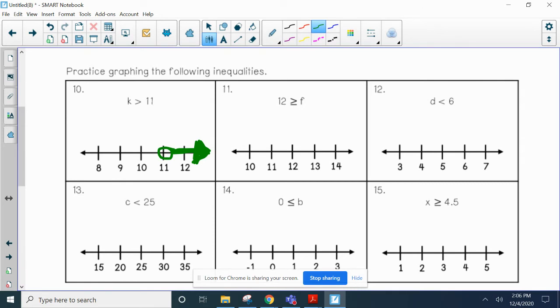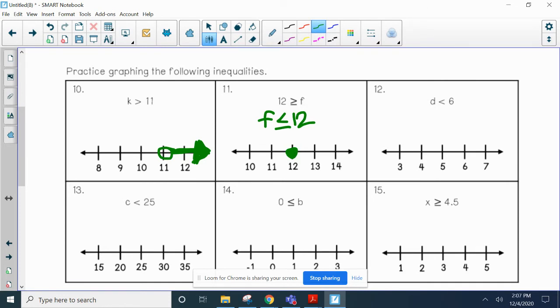All right, so we have 12 is greater than F. And like we were writing before, if we read it backwards, F is less than or equal to 12. So all I did was flip it. So we're going to do 12. Is it a shaded or an open circle? Right, it's shaded because we're including 12.